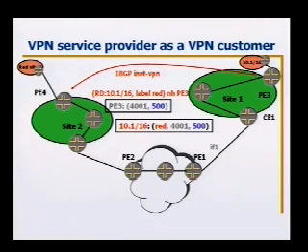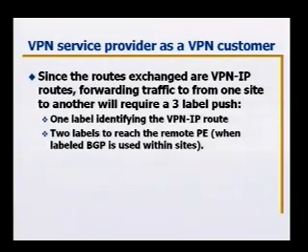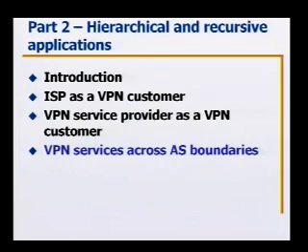So PE4 is going to install a route for 10.1/16 with a 3 label push. The bottom label is going to be the label red that belongs to this red customer, and the other 2 labels are going to provide connectivity to PE3. And that's all there was to that.